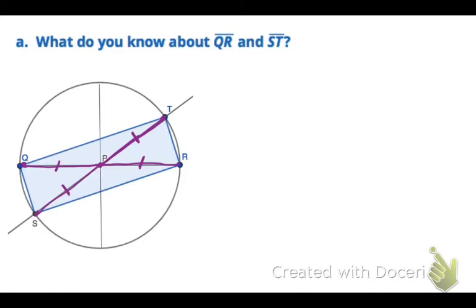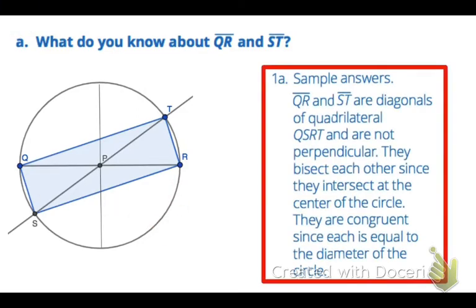Okay, so we know that they bisect each other, they intersect, they form congruent sides, and they're also congruent diagonals, because this diagonal, the whole thing, S to T, is the diameter of the big circle, and Q to R is also the diameter of the big circle that we're dealing with. So we know that they are diagonals of the quadrilateral. They're also not perpendicular.